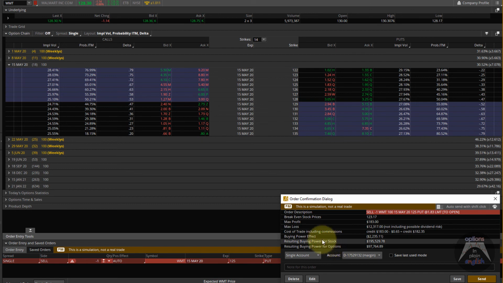But the buying power effect now is $2,235. Why? Because it's applying the formula that we talked about. It's just around 20% of the total value of the contract. So in this case, you would need $2,235 in your account, and then you can put on this trade, and you're going to receive $183 as a credit.